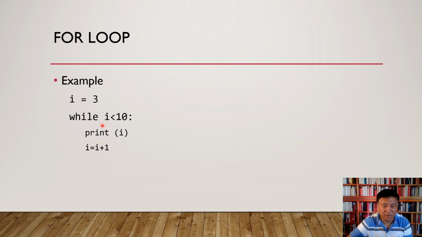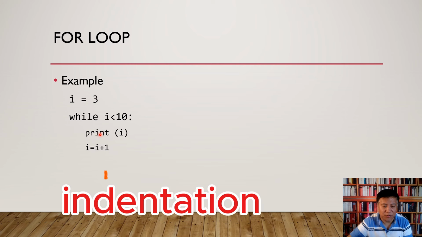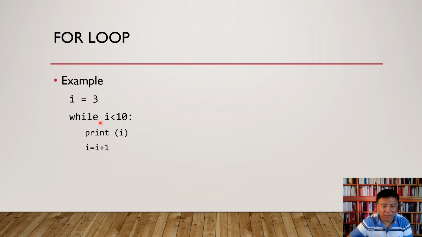This set of commands is indented, so the computer knows that those are the things that it's supposed to run if I is less than 10. It's supposed to print I and then increment I by 1. Here we let I plus 1 equal to I. This means I is increased by 1.